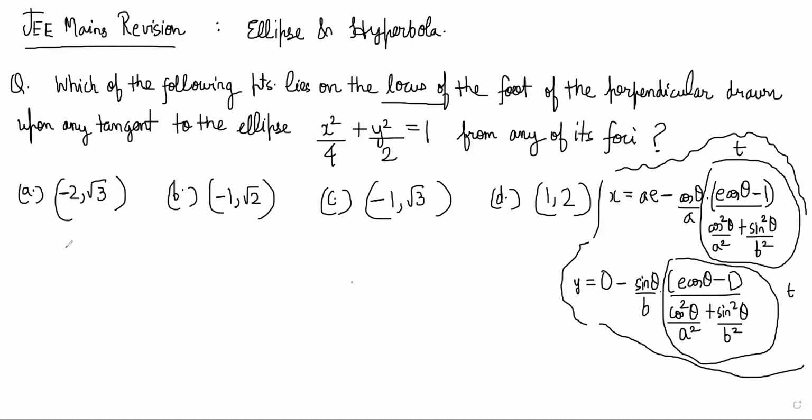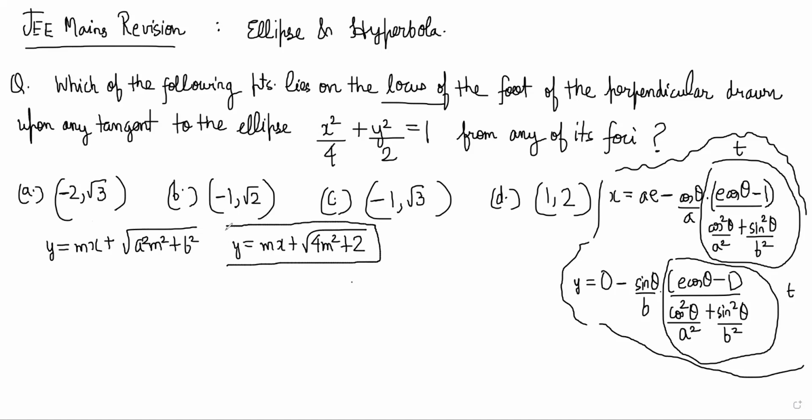But if we do the other thing, what you were saying, y is equal to mx plus root over a square m square plus b square, the tangent, 4m square plus 2. We can just put the value mx plus root over 4m square plus 2.